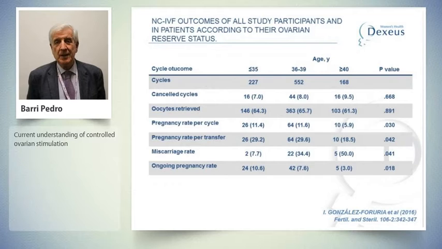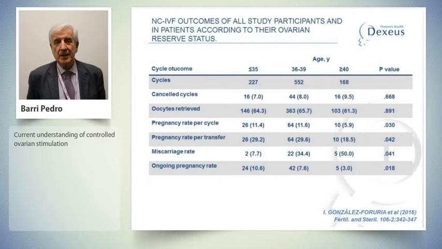And the final strategy that you can propose to patients with poor response is to offer them the possibility of a natural cycle before switching to oocyte donation.